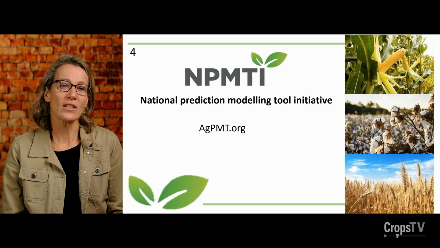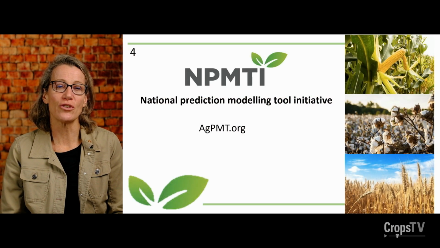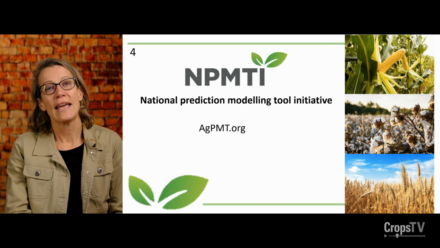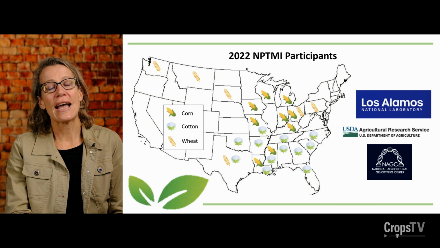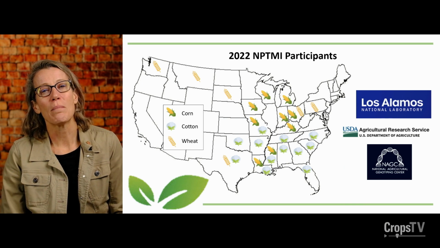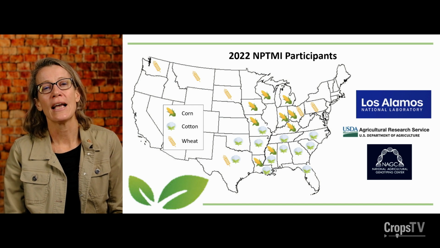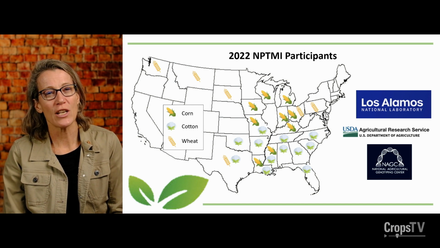Okay, so the last thing that I want to introduce you to is the National Prediction Modeling Tool Initiative, or the NPMTI. And this is a map showing you who the participants were in the NPMTI project in 2022.